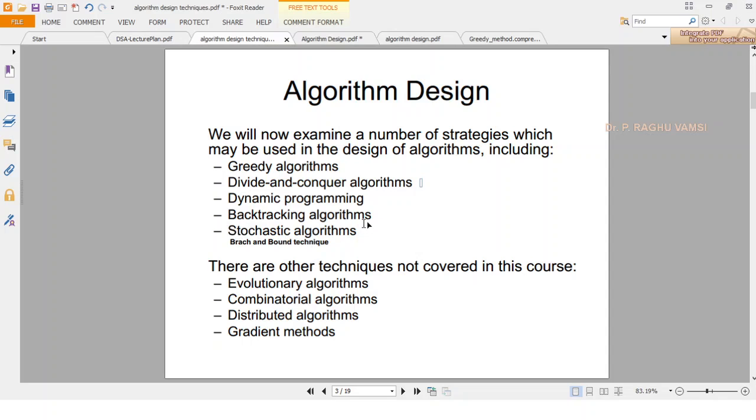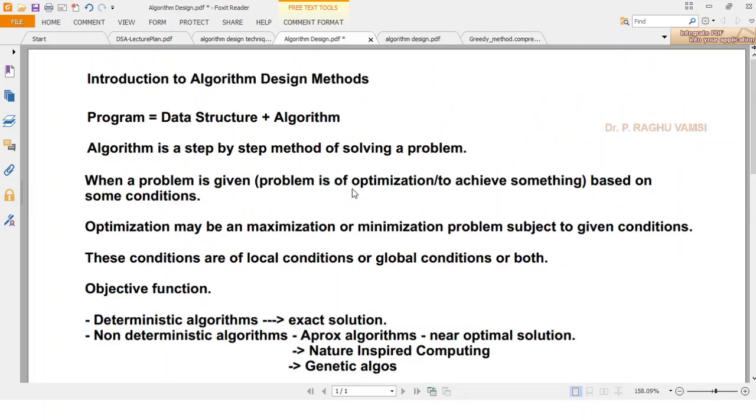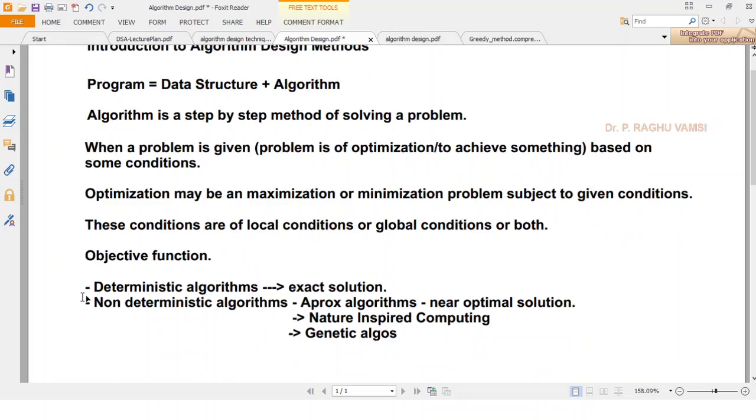I hope by this time you have come to know what an algorithm is, the importance of algorithms, algorithm design, how many categories of algorithms there are, and how these algorithms are solved. Based on the solution provided to the problem, we have two methods: deterministic algorithms and non-deterministic algorithms, and how these algorithms are modeled and executed.